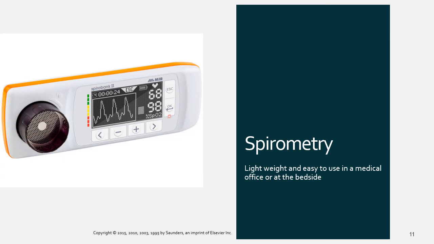Bedside spirometry. Spirometry values are commonly used to determine whether a disease has a restrictive or obstructive component. Flow spirometers, such as pictured here, are lightweight and easy to use in a medical office or at the bedside.